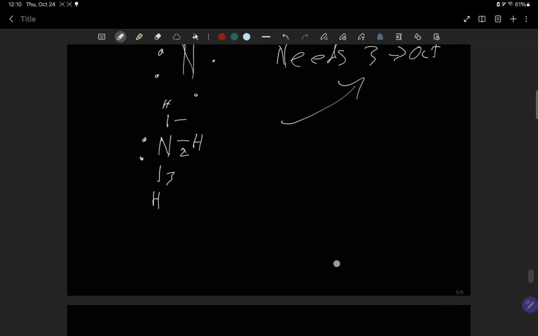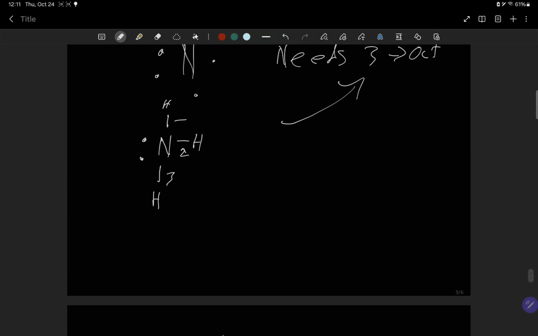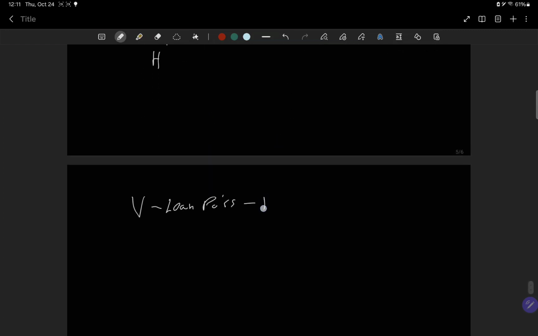The other way that they represent that is to say the number of valence electrons minus lone pairs minus the number of bonds should equal 0.